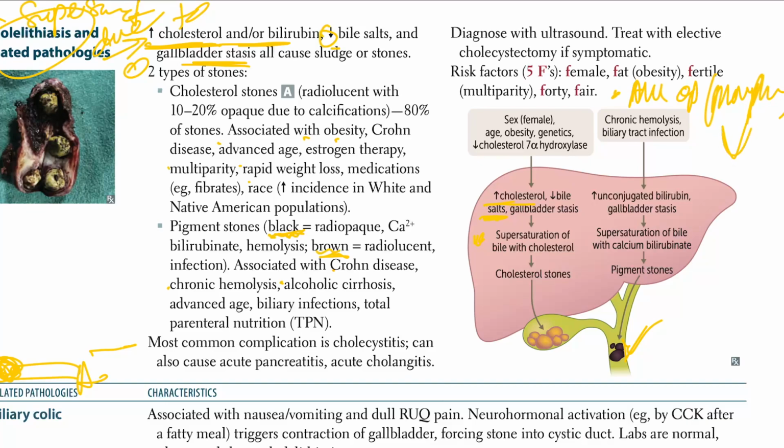Morphine is going to cause contraction of the sphincter of Oddi, which causes spasm and increases the bile duct pressure, right? As you are contracting the sphincter of Oddi, that's going to lead to biliary colic.